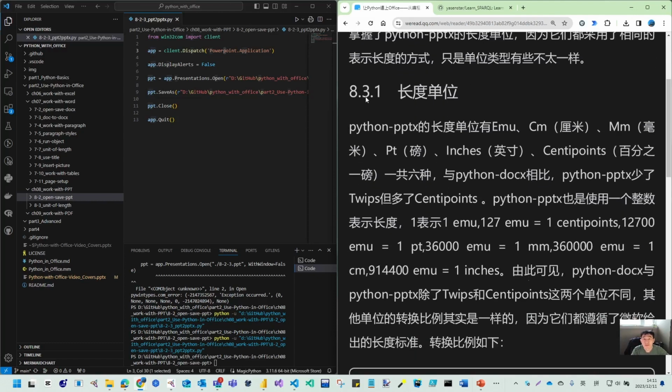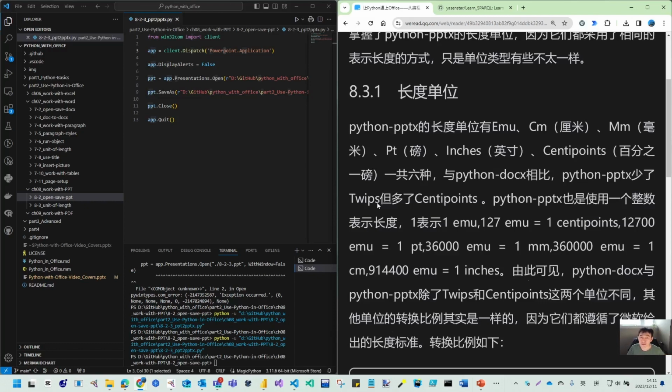But if we come to 8.3.1, the units still include EMU, centimeter, millimeter, pound, inch, and centipoint. This centipoint we didn't see in Word, but Python PPTX adds centipoint, but they don't have these tweets. So that is the difference.